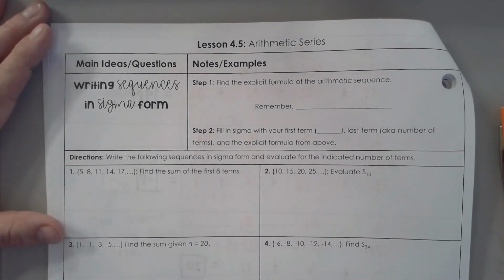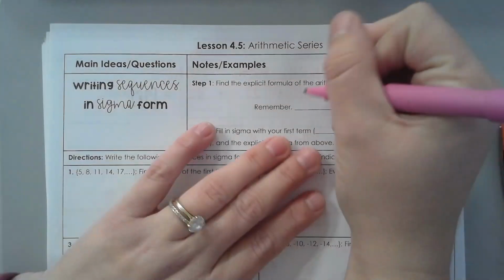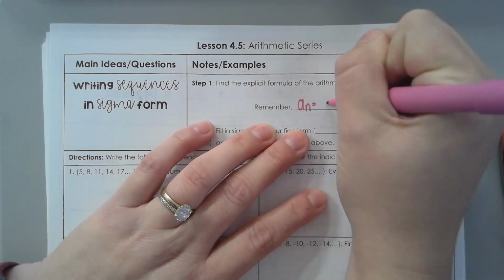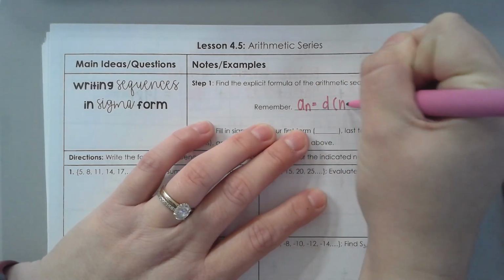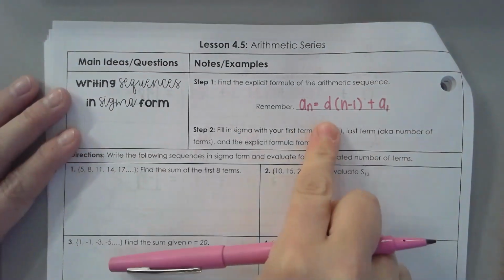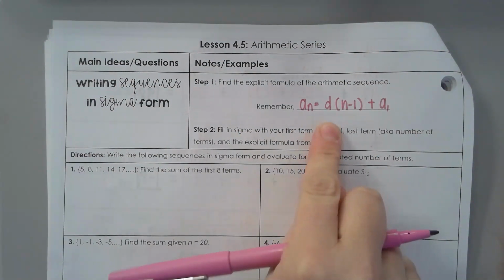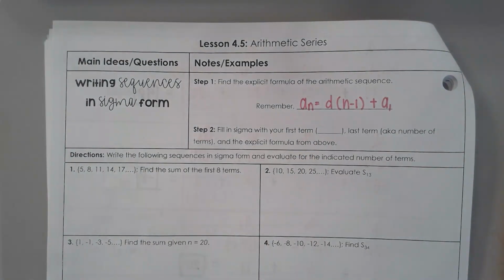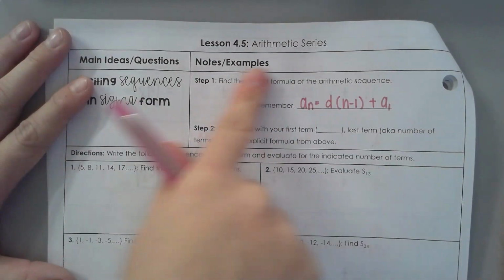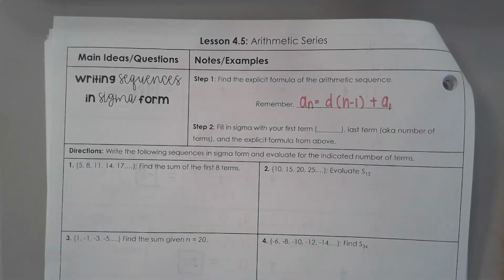As a reminder, our formula for an arithmetic sequence is an equals d times (n minus 1) plus a1. And what this does is tell us what one specific term is in a sequence. So it might tell us what the 30th number is. And we're going to use that to find the sum of all of the terms.